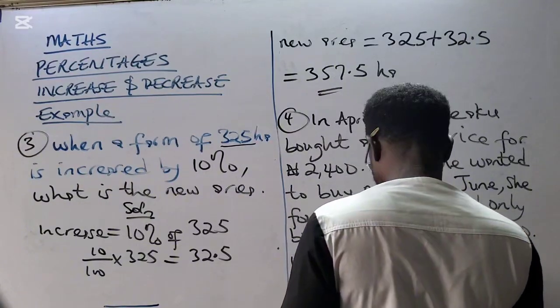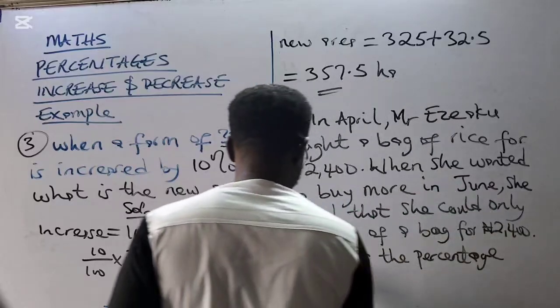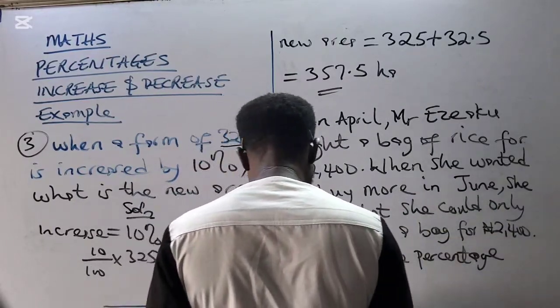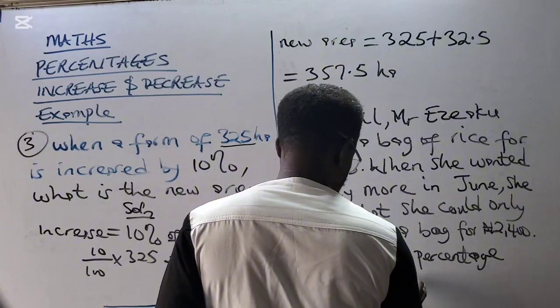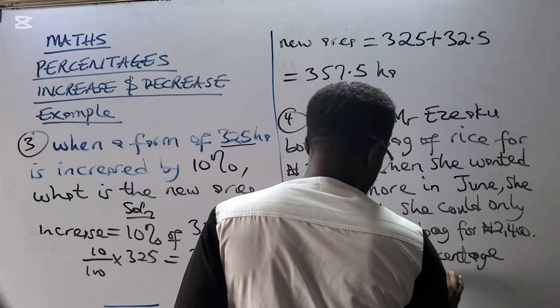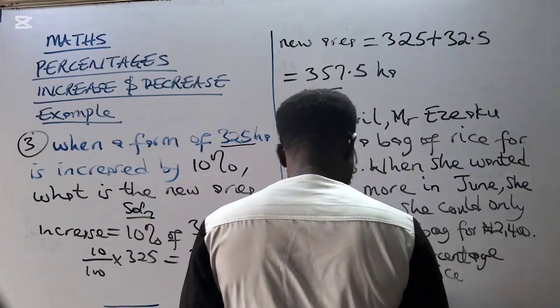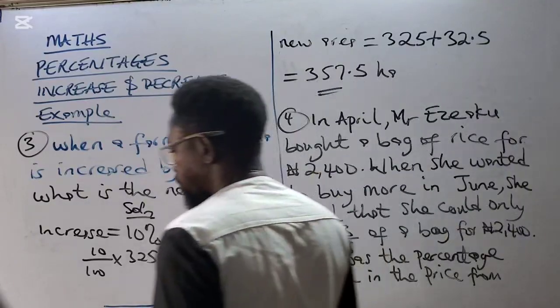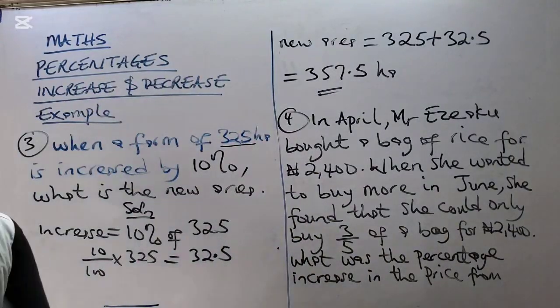What was the percentage increase in the price from April to June?